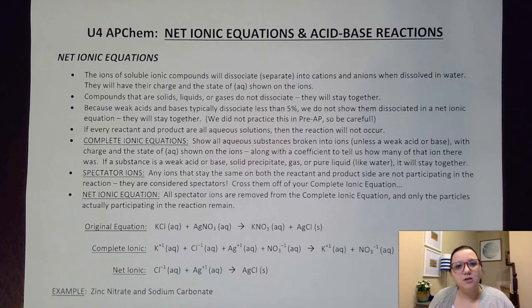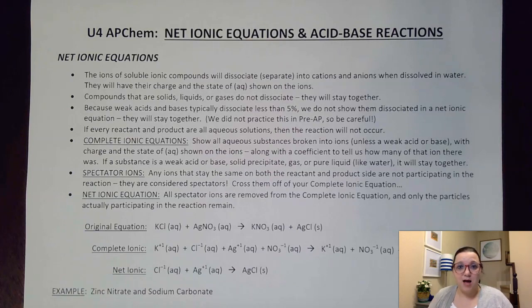So a net ionic equation addresses the fact that we could take those ions out and show our equation without those spectator ions in them. That way we're only showing the actual change that's occurring in the solution, basically the driving force behind that reaction actually taking place.